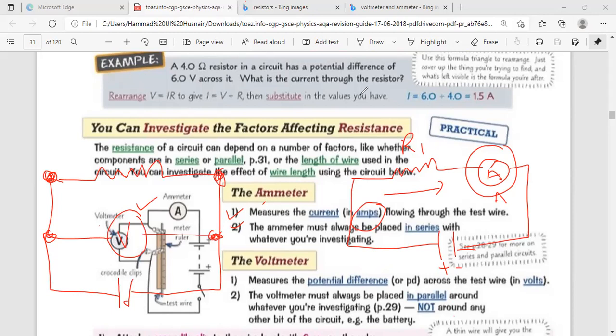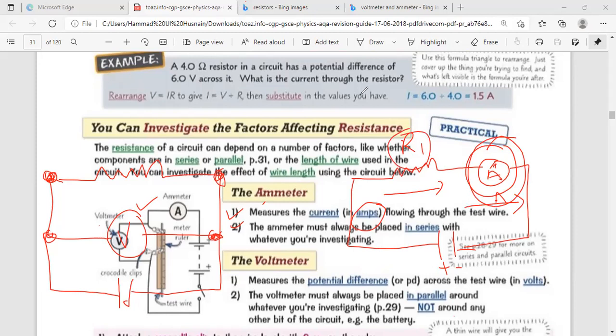So whatever current is passing through this resistor will be passing through this ammeter, and we will measure that current. Whatever the reading this ammeter gives, the same current will be flowing through R1. So this is how we can find the current that is passing through R1, right?